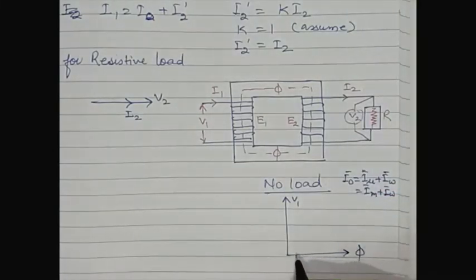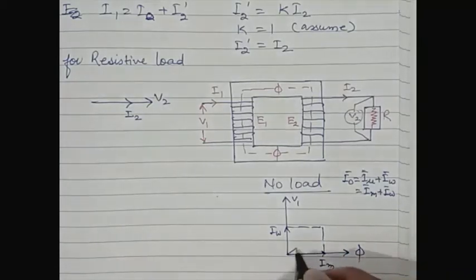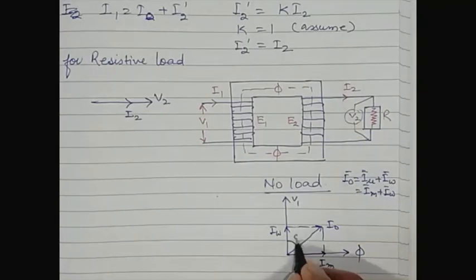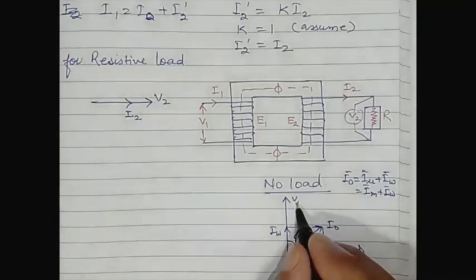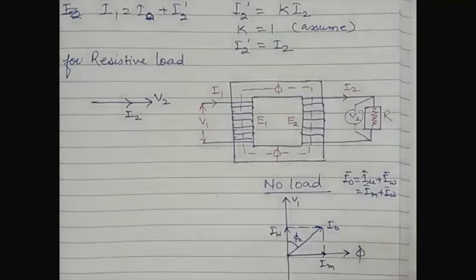This is Im, this is IW, and the resultant is I0. This is phi naught, the power factor angle at no load. This is V1, then E1, and E1 is equal to E2. This was the figure when the transformer was on no load.